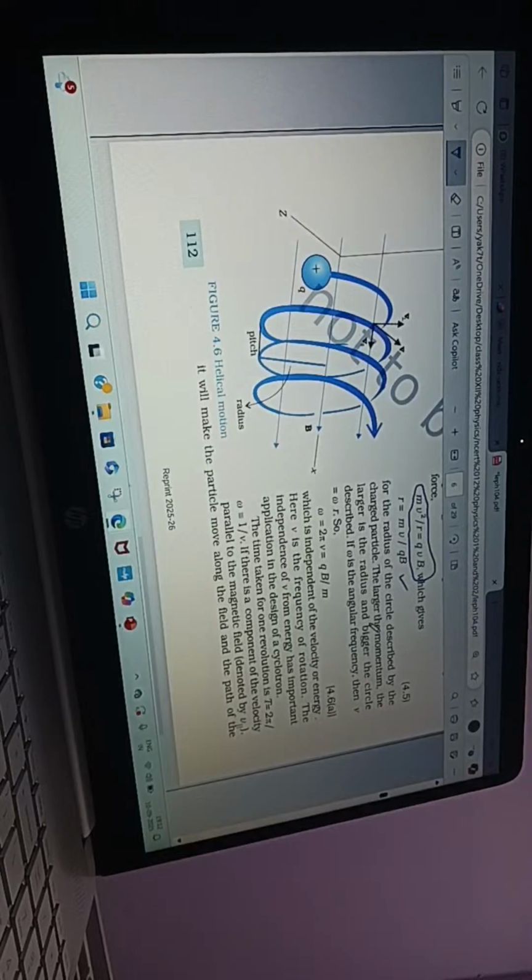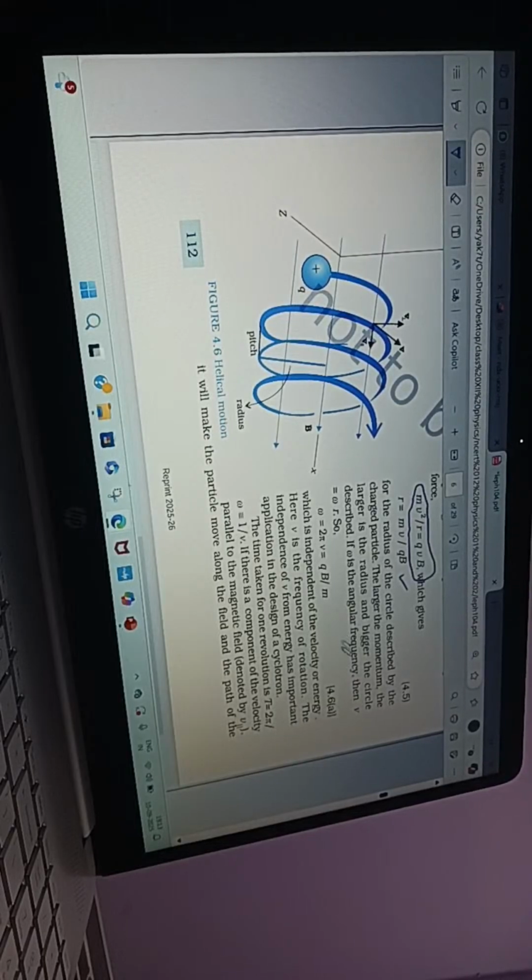Understood? The distance between each circle is equal to the pitch. They may ask what is pitch. Pitch is the distance between two adjacent spiral rounds. You can read here: for the circle described by a charged particle, the larger the momentum, the larger the radius, the bigger the circle.